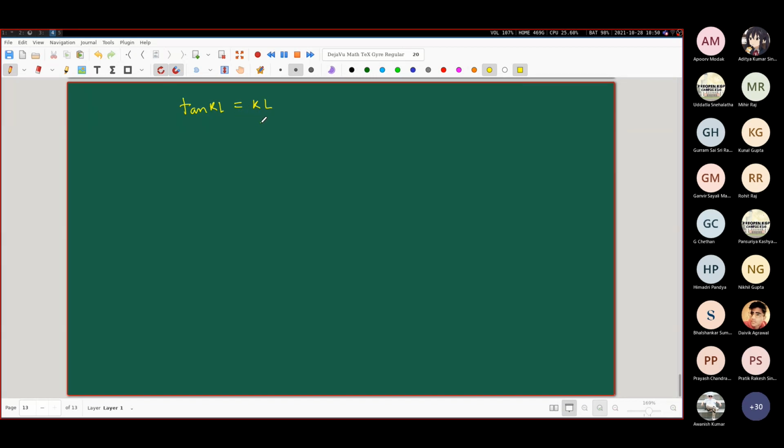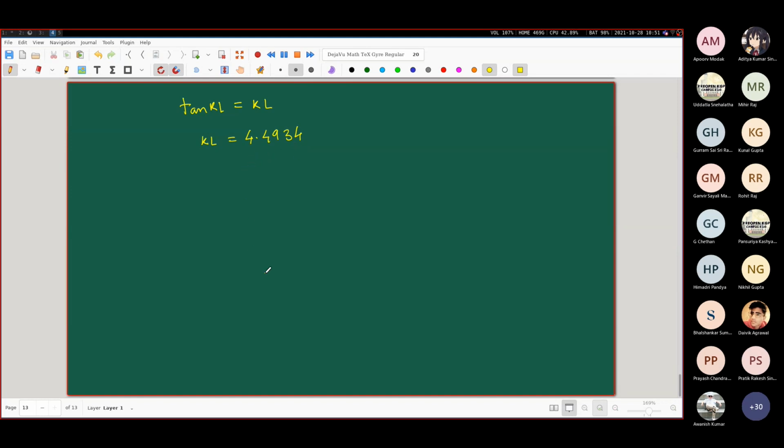You can do it like that, and you will find out that the solution for this is true when KL is equal to something like 4.4934, approximately 4.5.